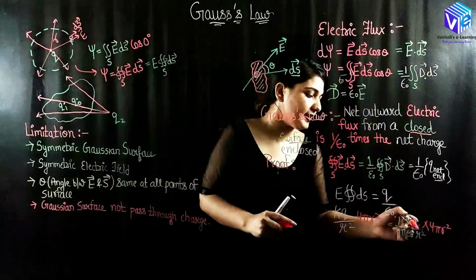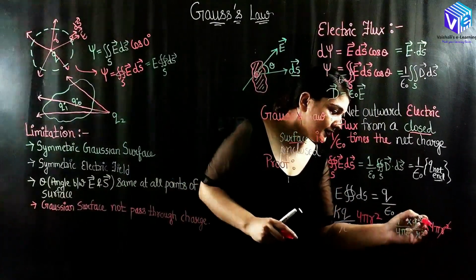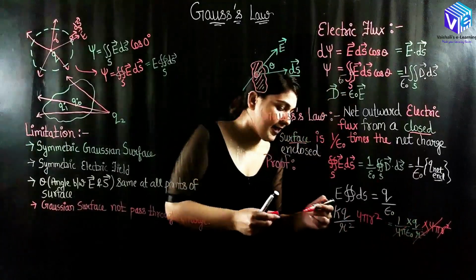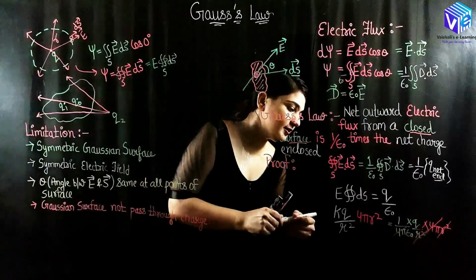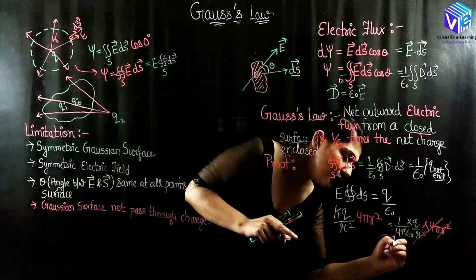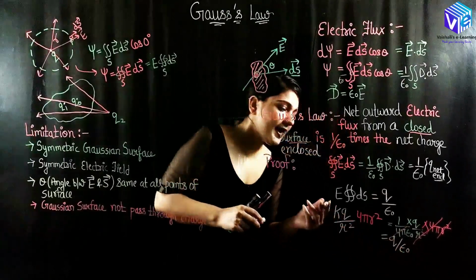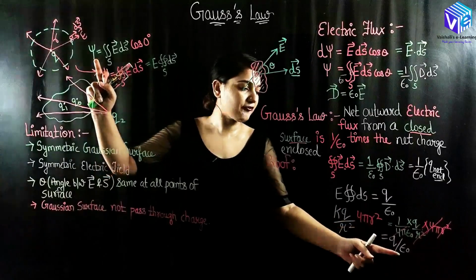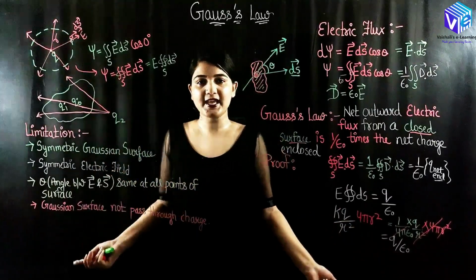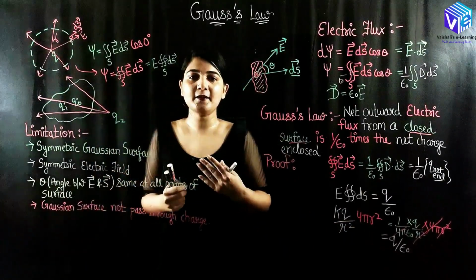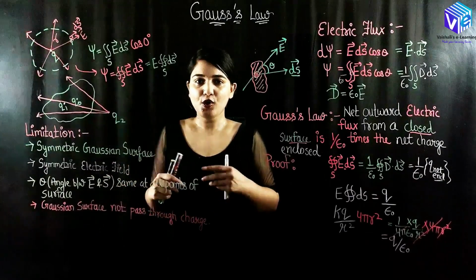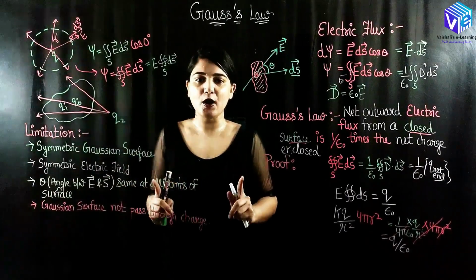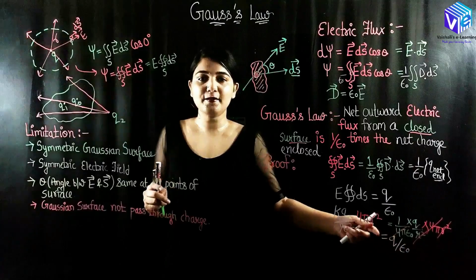Now I cancel r square with r square, and 4 pi with 4 pi. What am I left with? Q upon epsilon naught. What I had found is the electric flux. The electric flux came out to be Q upon epsilon naught. So this is how I can prove Gauss's law. There should not be any doubt here about how we can prove it.